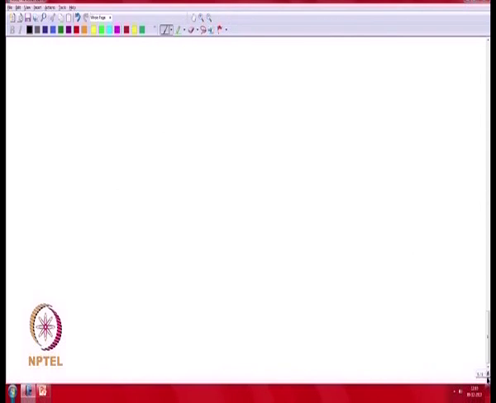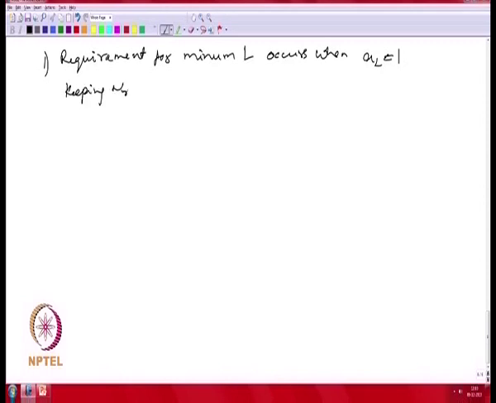Okay. So one thing that you might ask is what is the requirement for minimum L when AL is equal to 1, keeping omega r and C constant.